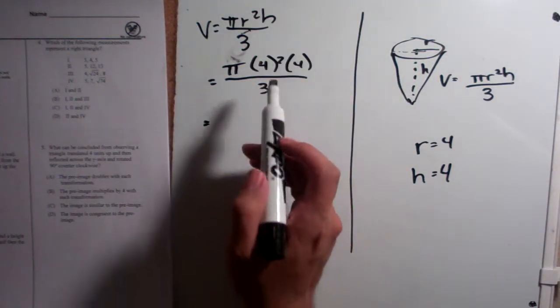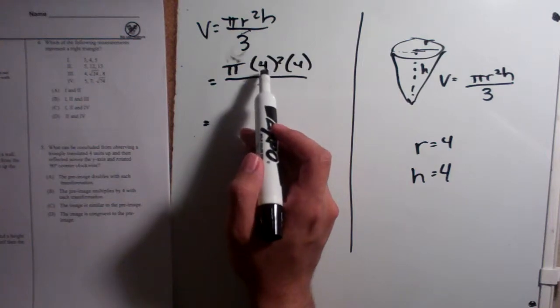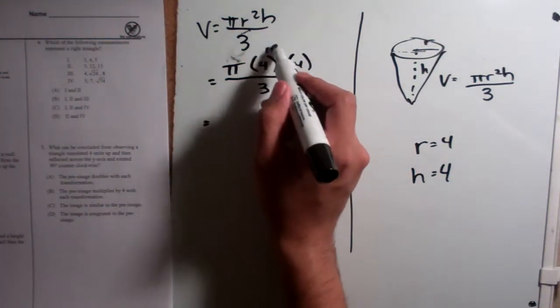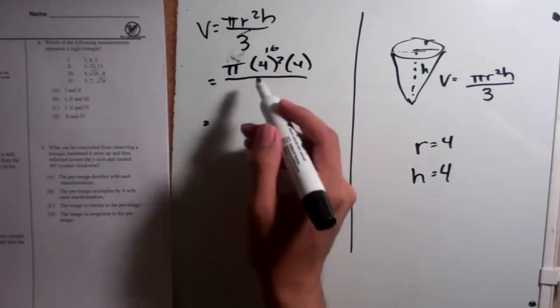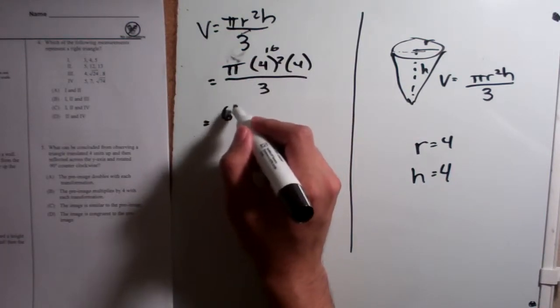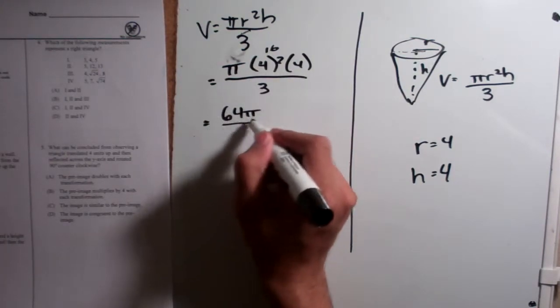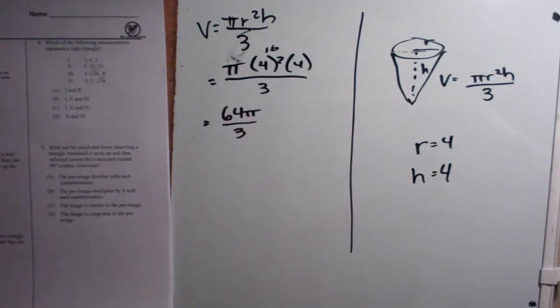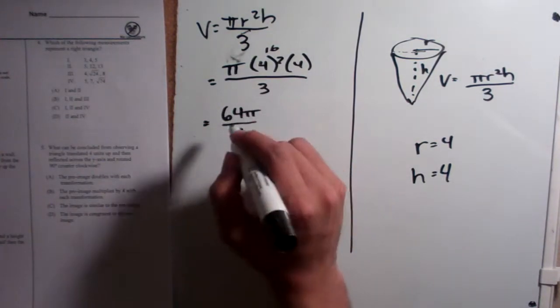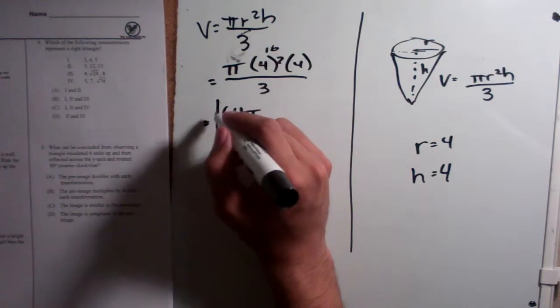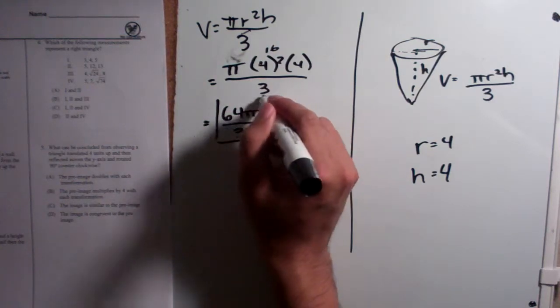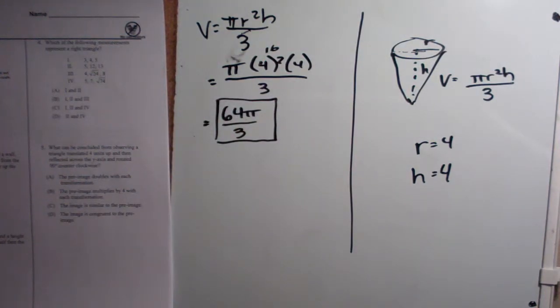Okay, order of operations indicates that we square our exponent. So 4 squared is 16, and 16 times 4, that's 64. So in our numerator, I'm going to rewrite it as 64 pi divided by 3. Okay, I could simplify this, but let's just keep it like this. Our volume is 64 pi divided by 3, and this would be centimeters cubed.